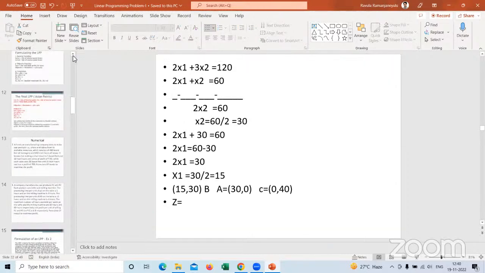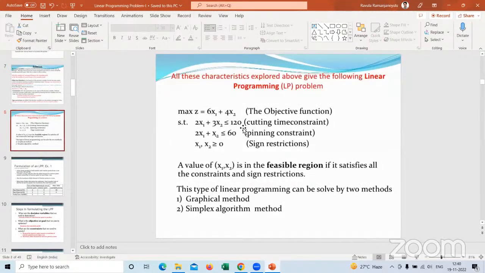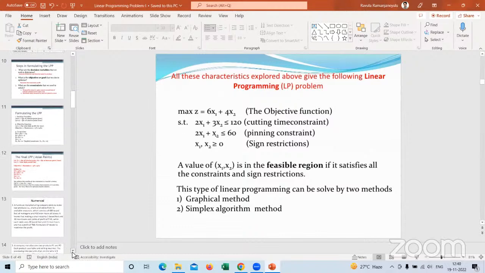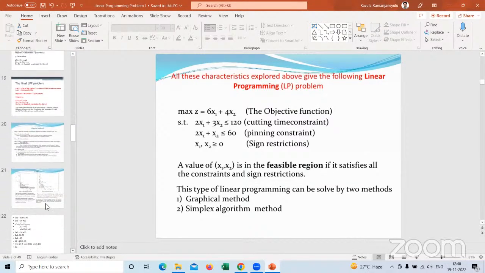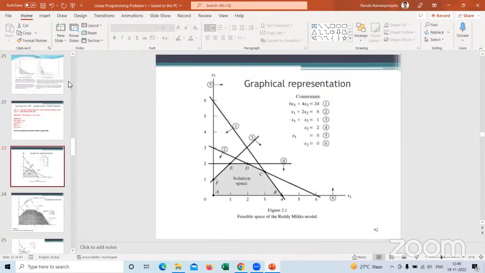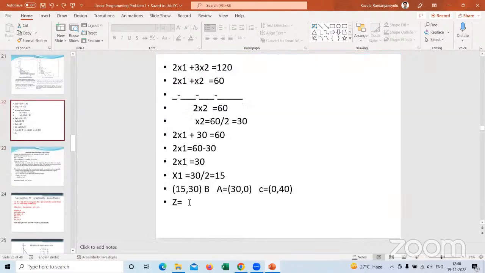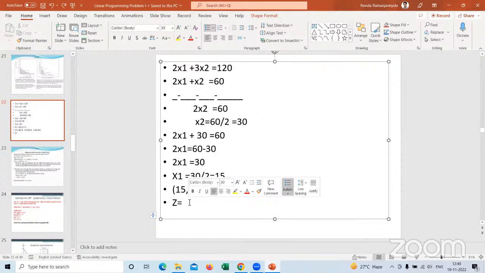Actually, we discussed yesterday the first question: 2x1 plus 3x2 less than or equal to 120, 2x1 plus x2 less than or equal to 60, where maximize Z equals 6x1 plus 4x2.